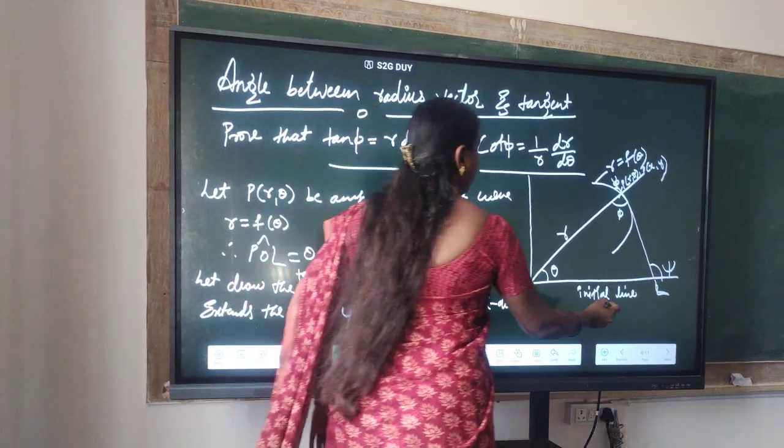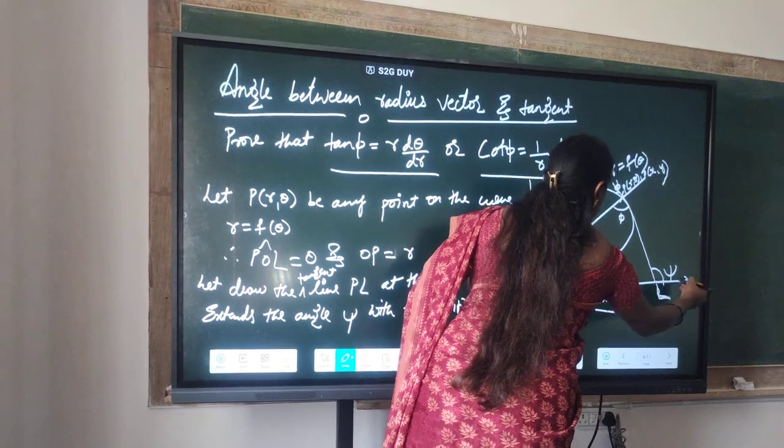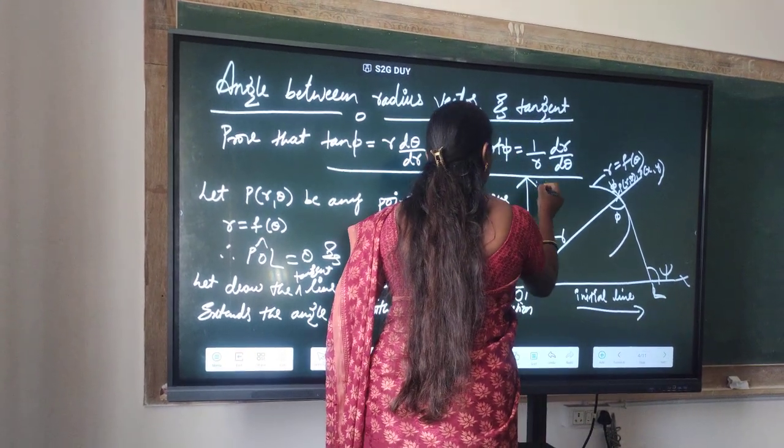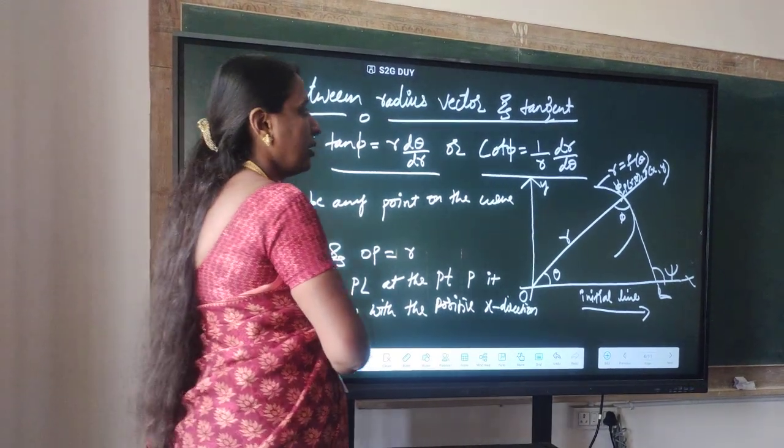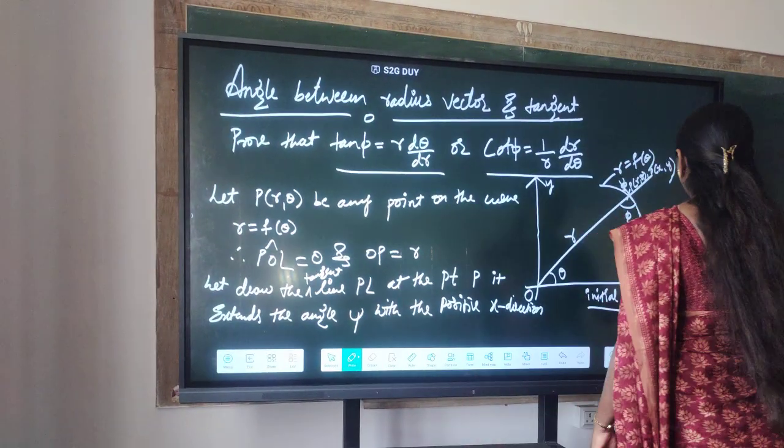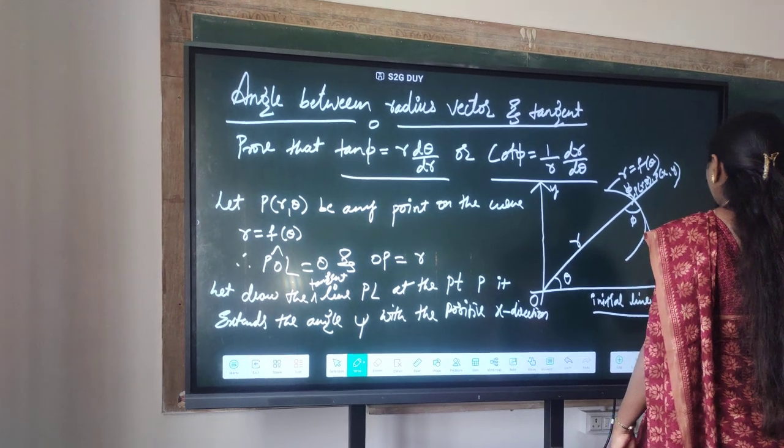So this is the positive x direction, this is x axis and this is y axis. So in the positive x axis we have extended that tangent line, and we are getting the angle as psi.